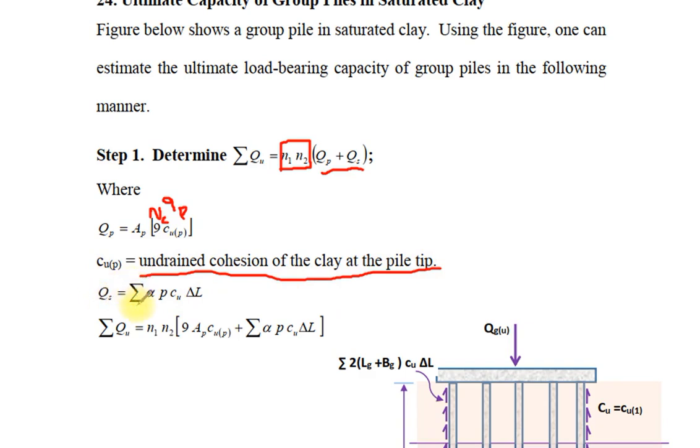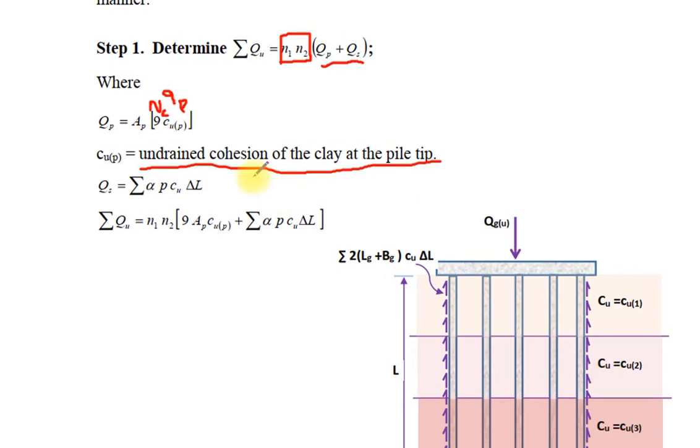QS equals the summation of alpha, and there are many methods for alpha, multiplied by P, the perimeter, Cu, the undrained cohesion, and delta L, the length of the pile at the specified layer.